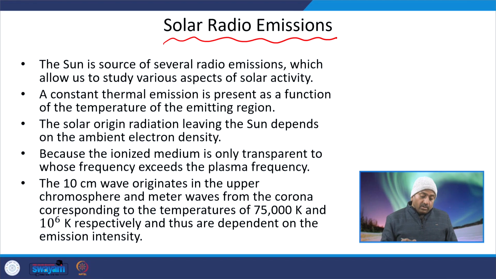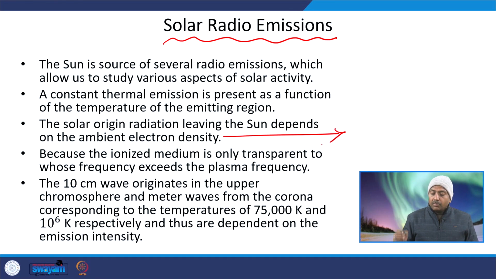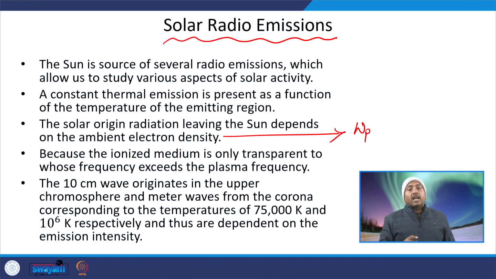So, which radiation actually reaches the Earth or not depends on the ambient electron density. Why? This ambient electron density will decide a parameter which is called the plasma frequency, and we know very well that an ionized medium with a characteristic plasma frequency is transparent only to those frequencies which are above it.